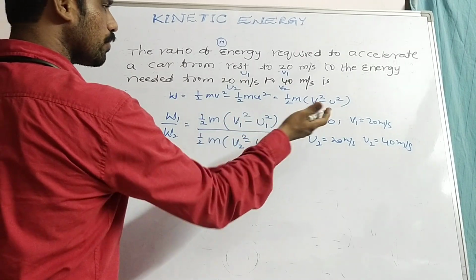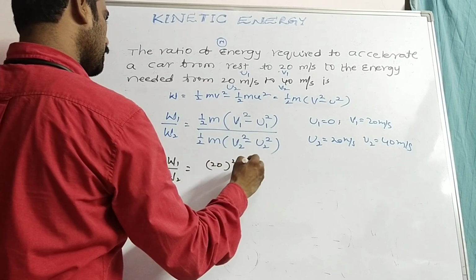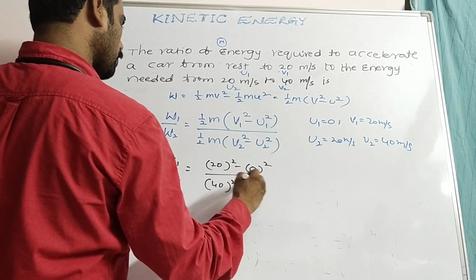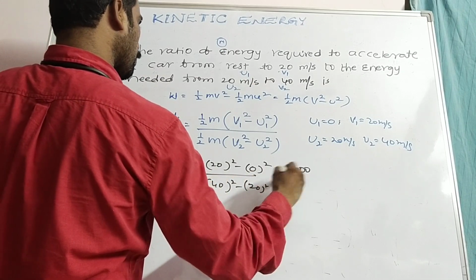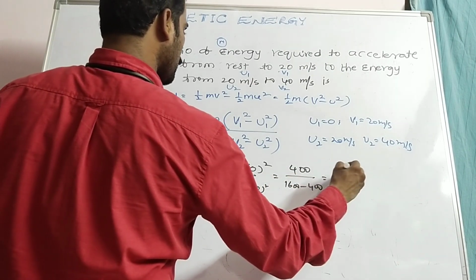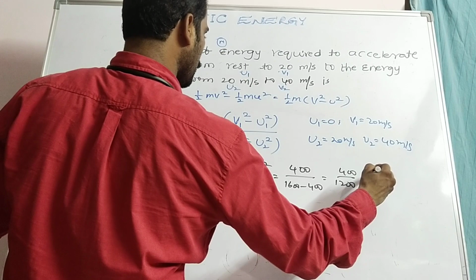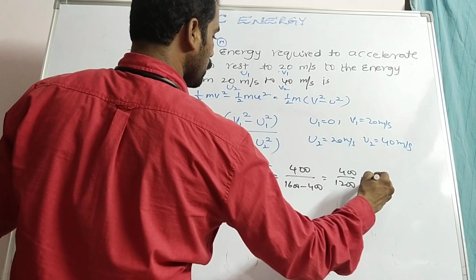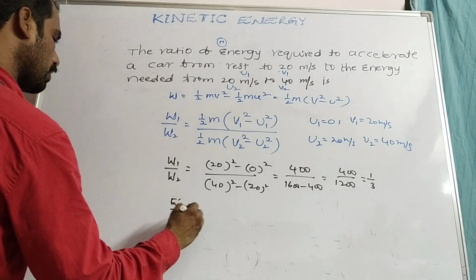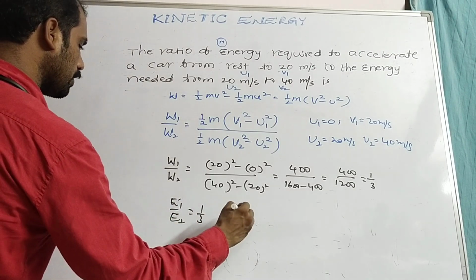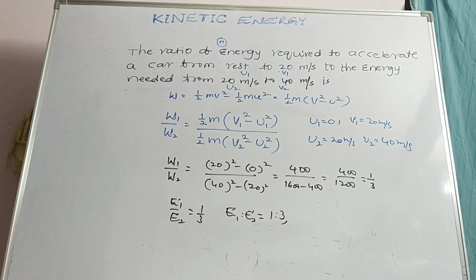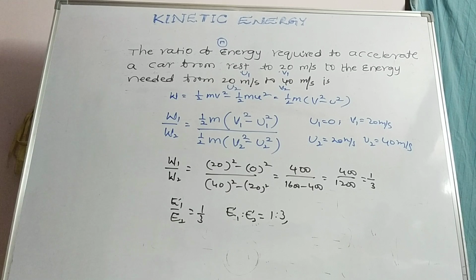So v1 square minus u1 square, 20 square minus 0 square, by 40 square minus 20 square, that is equal to 400 by 1600 minus 400, that is equal to 400 by 1200, zeros cancel, 4 1s are 4, 4 3s are 12. So the energy ratio E1 by E2 is equal to 1 by 3. So E1 is to E2 is equal to 1 is to 3. That will be the expression.